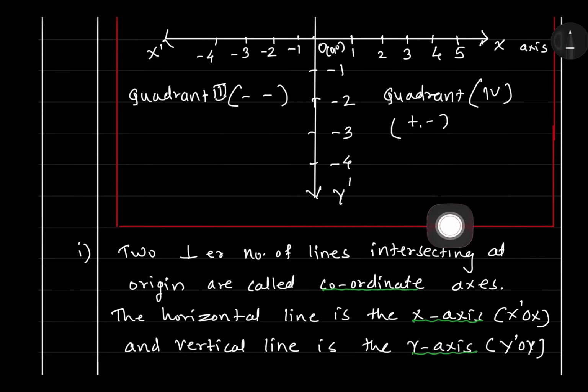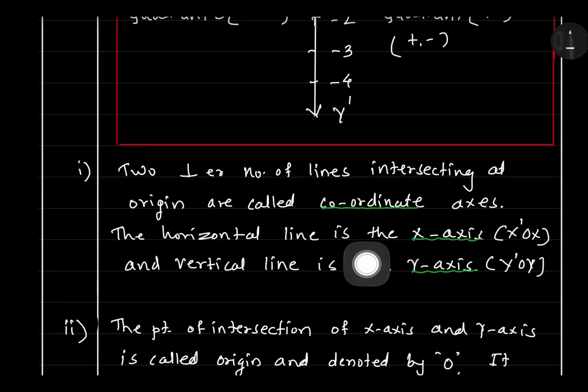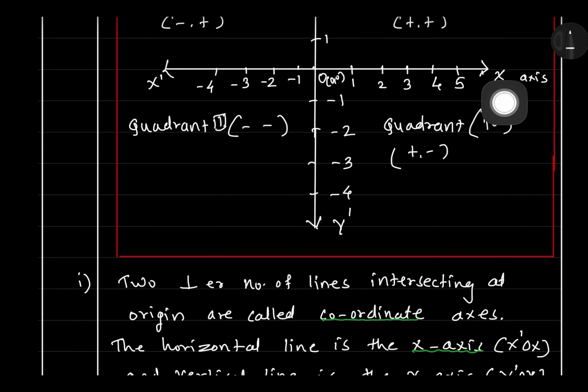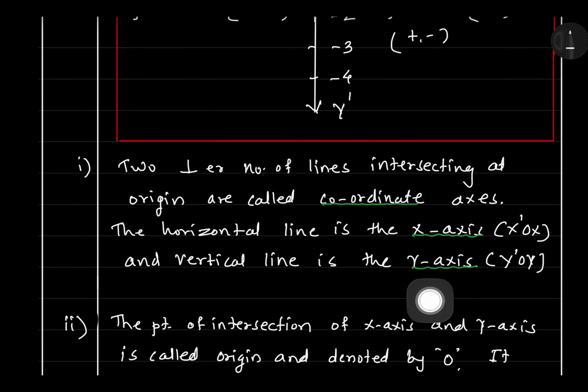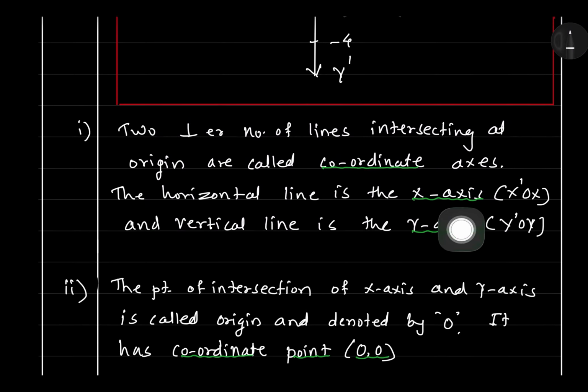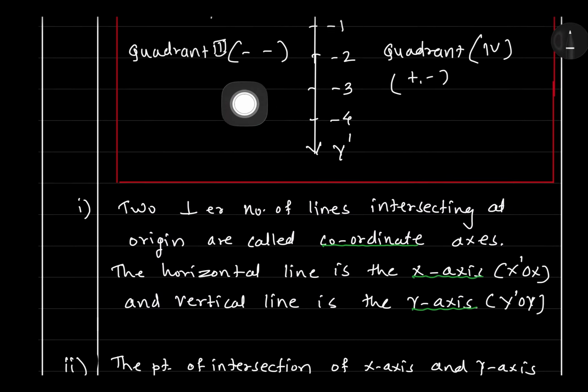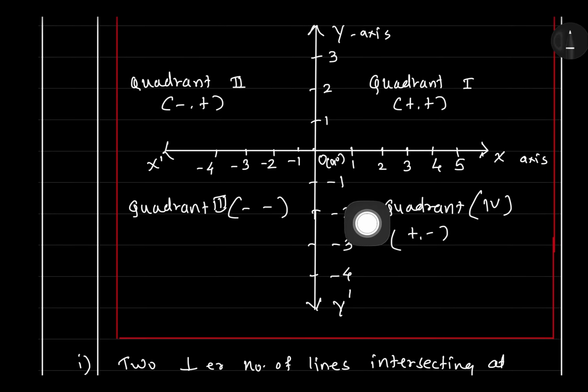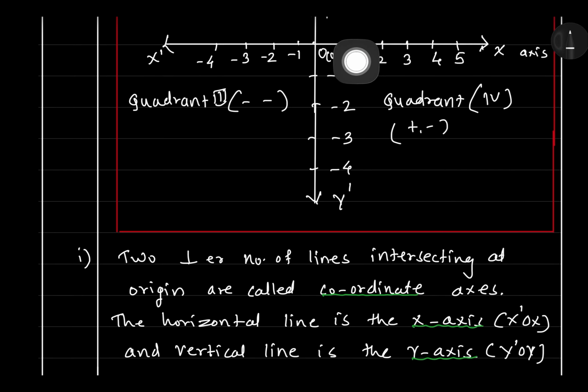The horizontal line is the x-axis, from x to x dash, that is the line x O x dash. The vertical line is the y-axis, y dash O y.